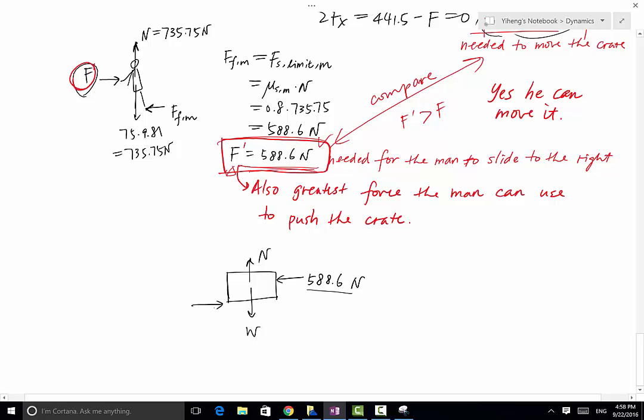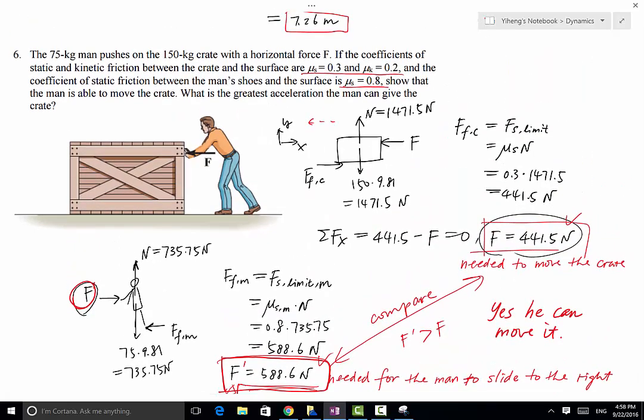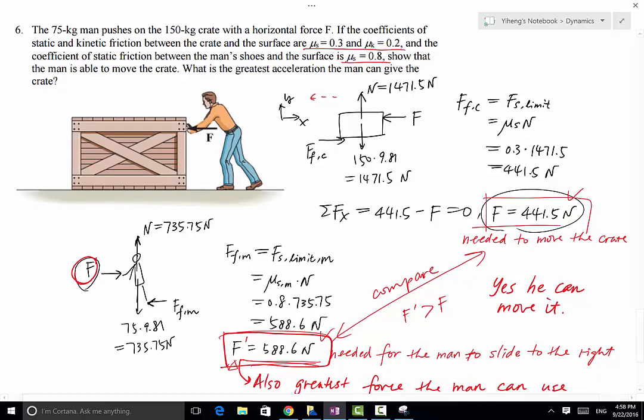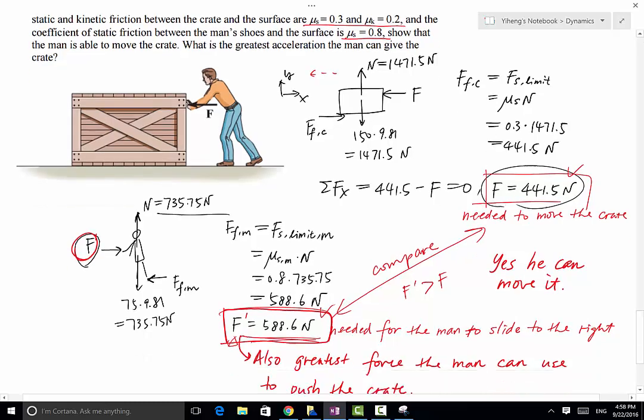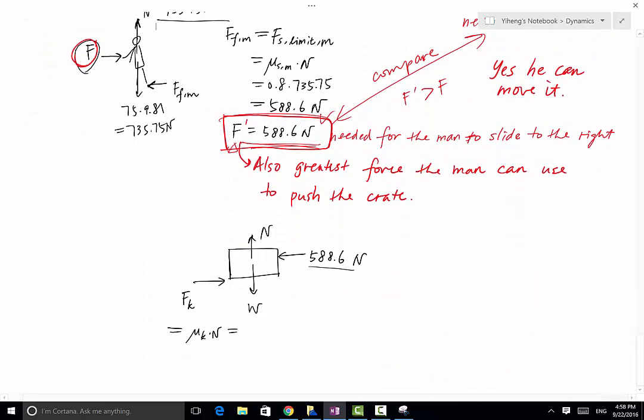Therefore, the frictional force now is kinetic friction, which equals mu k times N. In this case, it equals 0.2 times the normal force 1,471.5, and this kinetic frictional force equals 294.3 Newton.